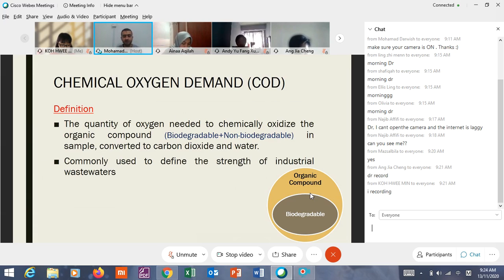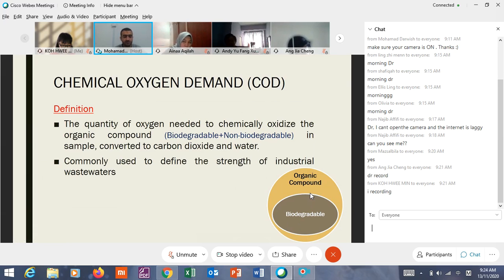This figure shows that organic compound is the general one and biodegradable is only a portion of it. COD measures the whole big circle, which is the organic compound.